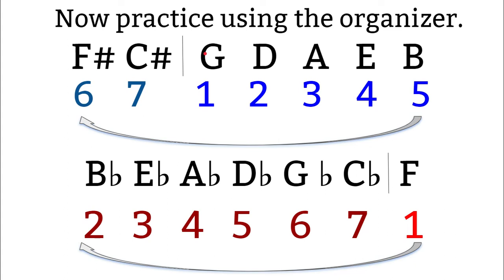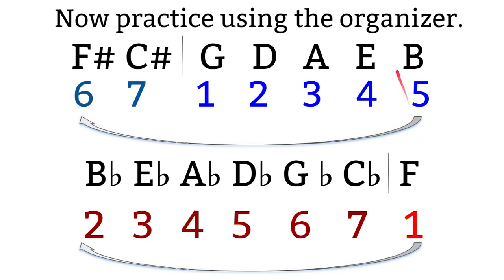You can do that with all of them, all 14 scales that are written here on the page. The key of C flat has seven flats, and they are B flat, E flat, A flat, D flat, G flat, C flat, F flat. That's in order. You want to make sure that you say the order correctly.